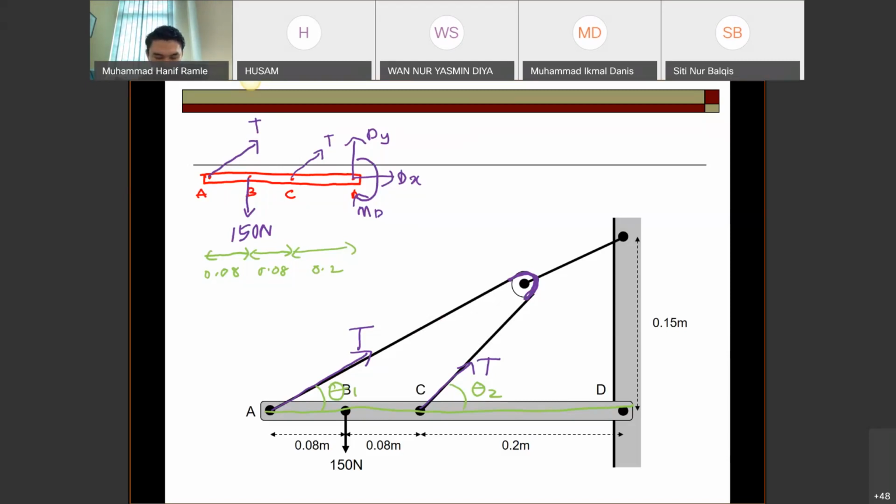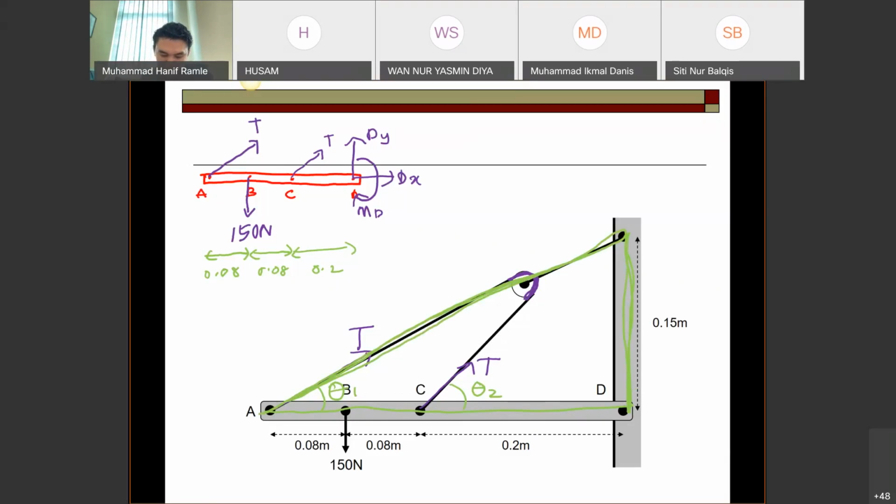So which triangle, let's say we are choosing theta 1 first, which triangle do we have to choose? We should choose the larger triangle, right?